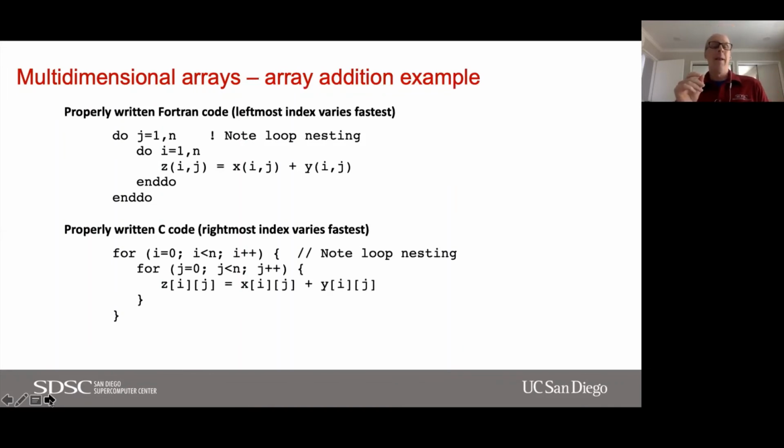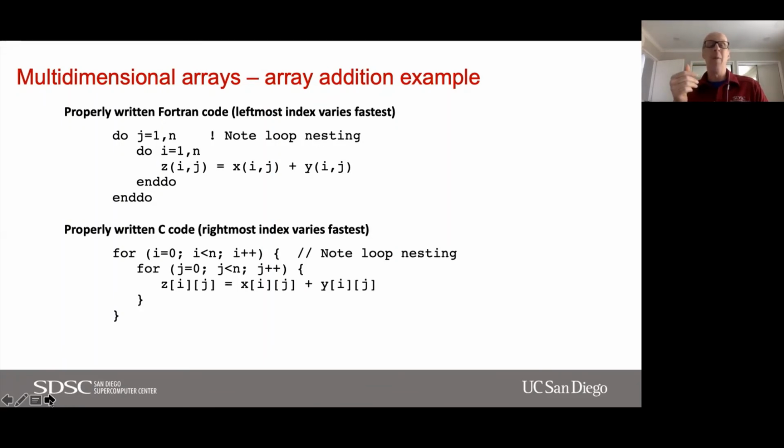So let's say that I need to do an operation where I'm adding two arrays, element by element, and storing them in a third array. Here is properly written Fortran code. Notice that I'm doing a do j, do i, and then I have the operation in the innermost loop, z(i,j) equals x(i,j) plus y(i,j). Note the loop nesting.